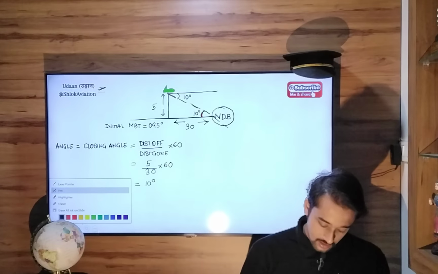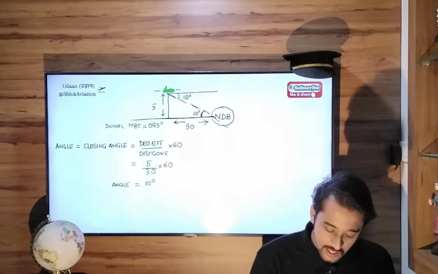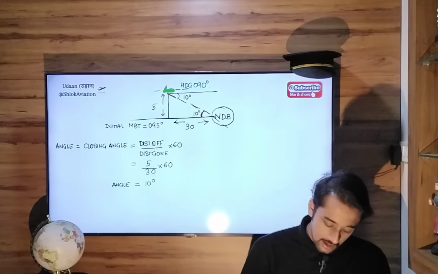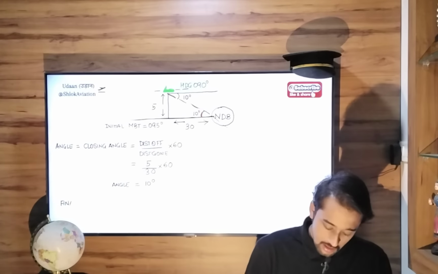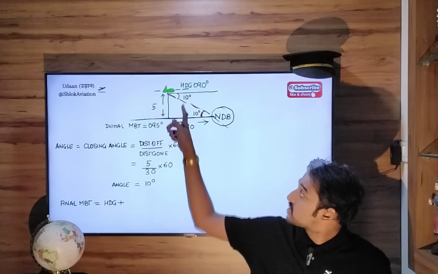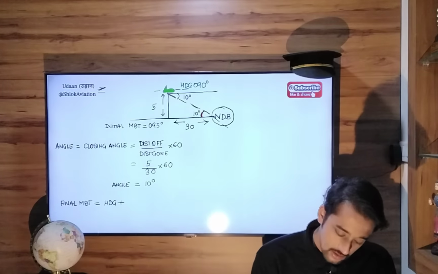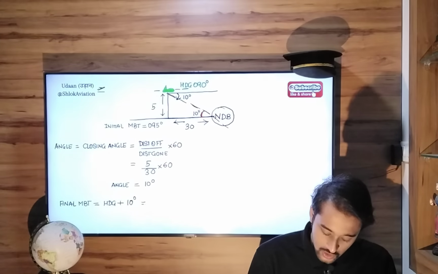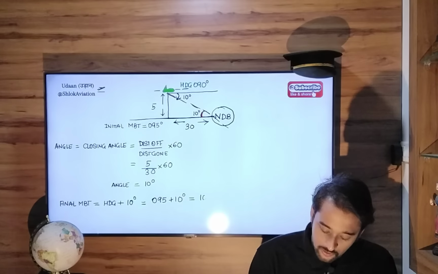Now, heading of your aircraft is how much? We have considered it to be 090 degrees. So the new track, I am writing here, final magnetic bearing to the station will be equal to your heading plus you will have to turn another right hand side 10 degrees, which will be 095 plus 10, which is equal to 105 degrees.